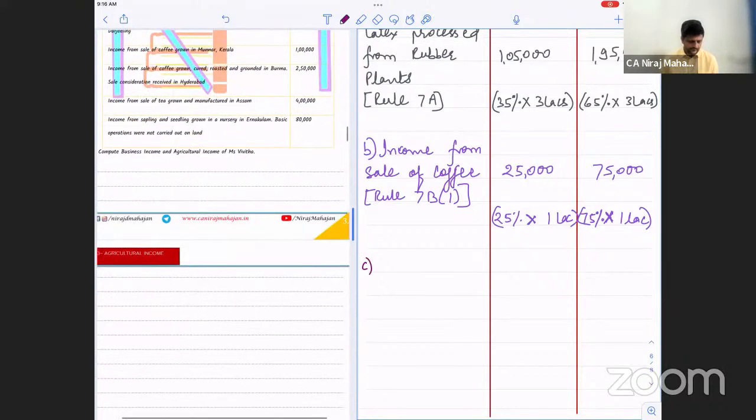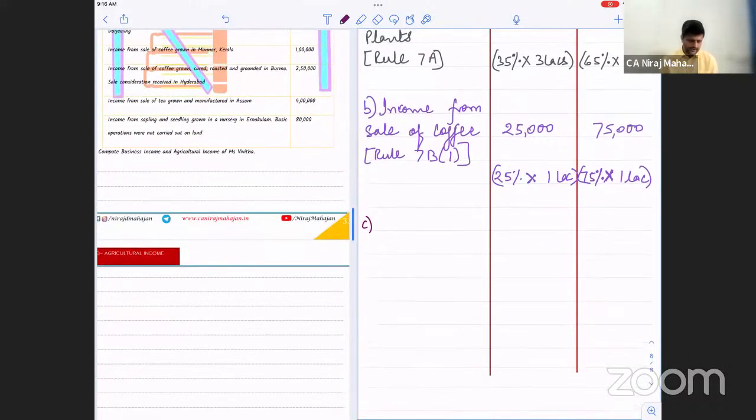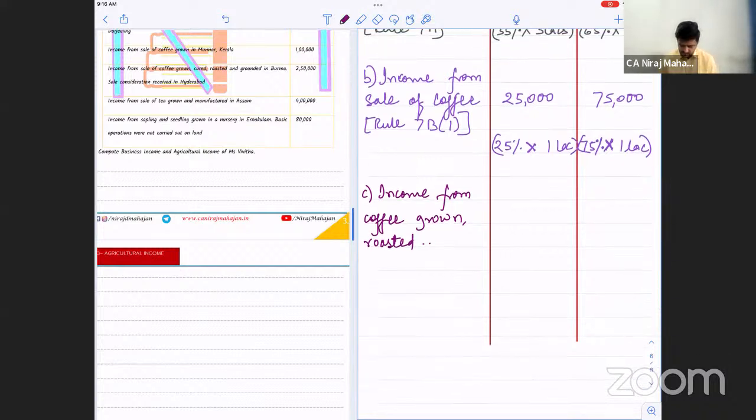Third, income from coffee grown, roasted, etc. Is it fully agri or fully business? Very good. It's fully business, bachcho. Why fully business?